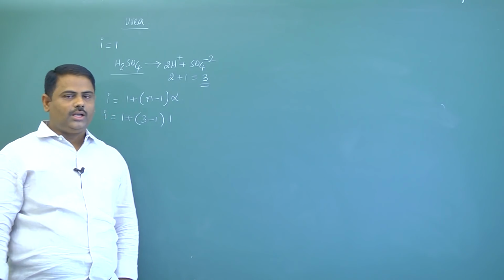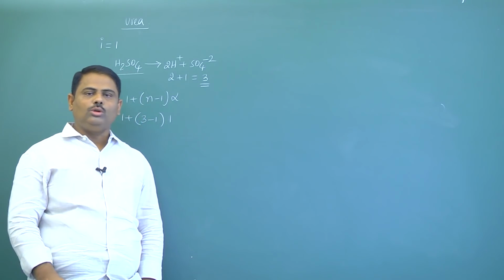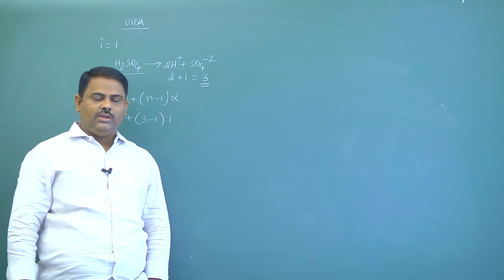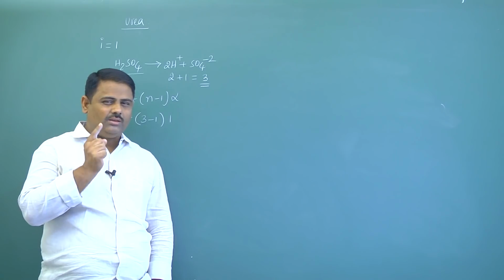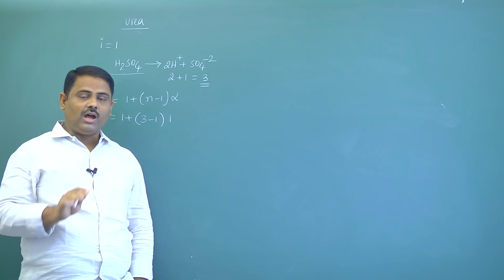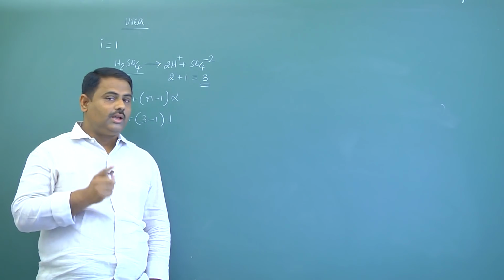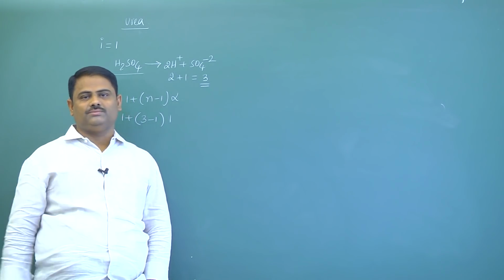So here you will get a doubt. Sir, how to recognize strong electrolytes? If alpha value is 1, or if alpha value is not given, consider that as a strong electrolyte.